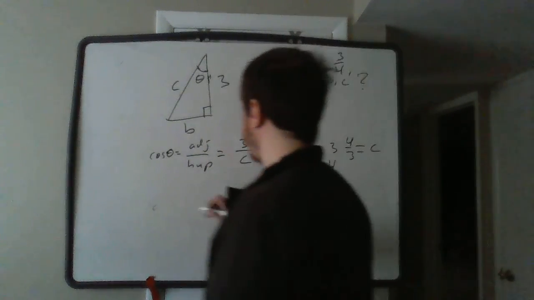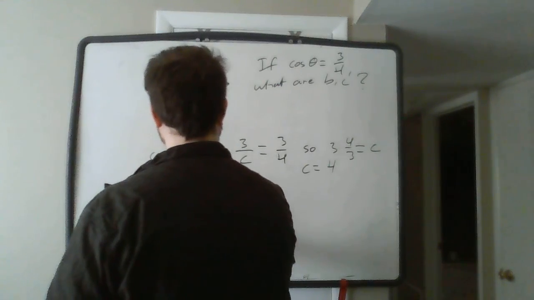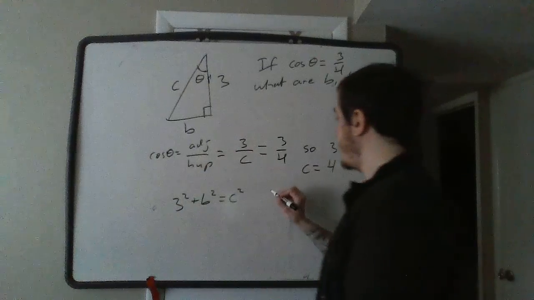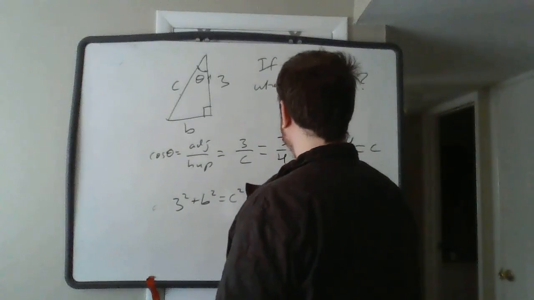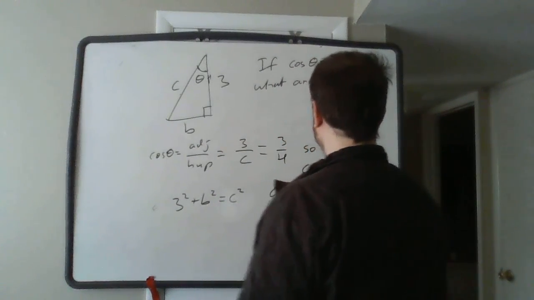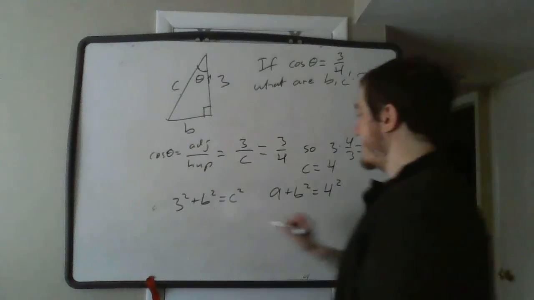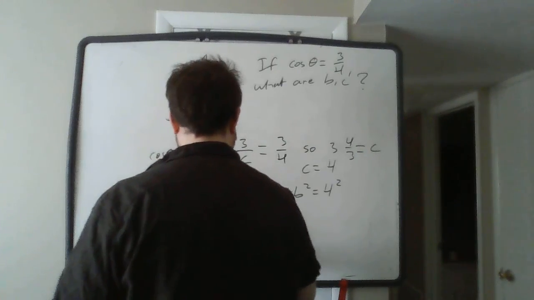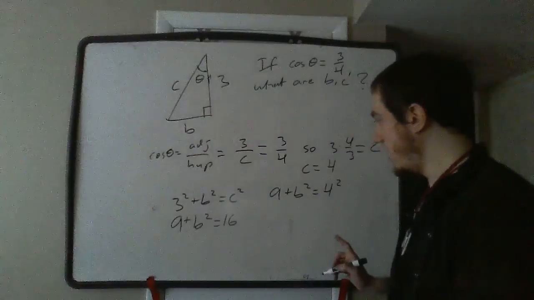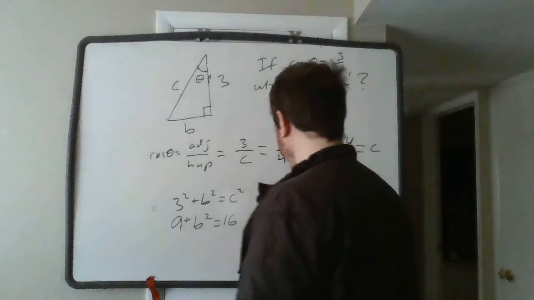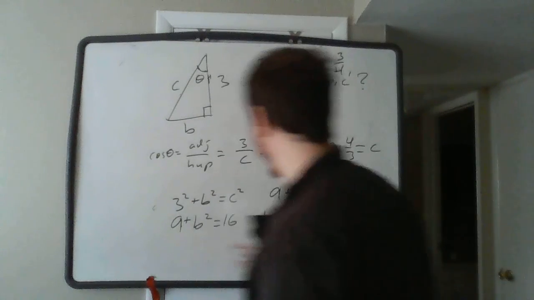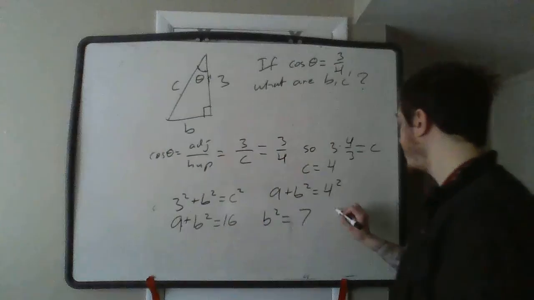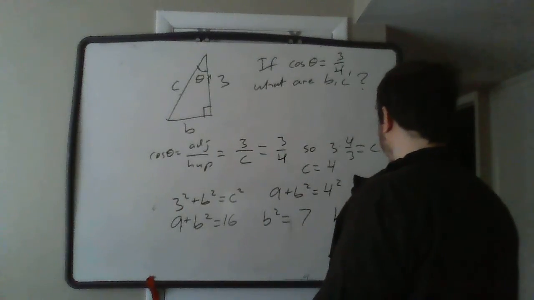So I can say 3 squared plus b squared equals c squared, but I just found c, so I get that 9 plus b squared is equal to 4 squared. This means that 9 plus b squared equals 16. Let's see, so that gives me that b squared is equal to 16 minus 9, which should leave me with 7. And that tells me that b is equal to the square root of 7.